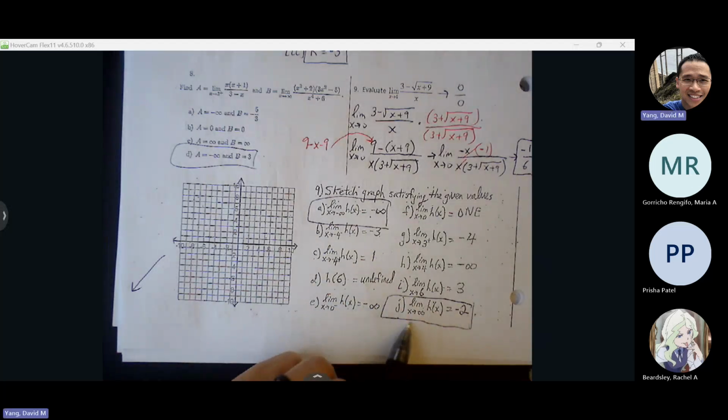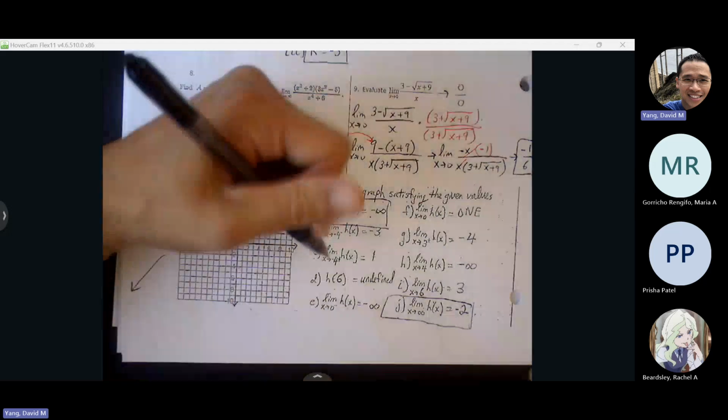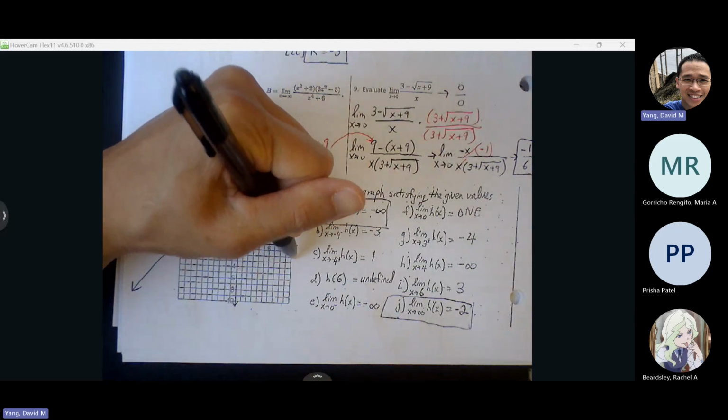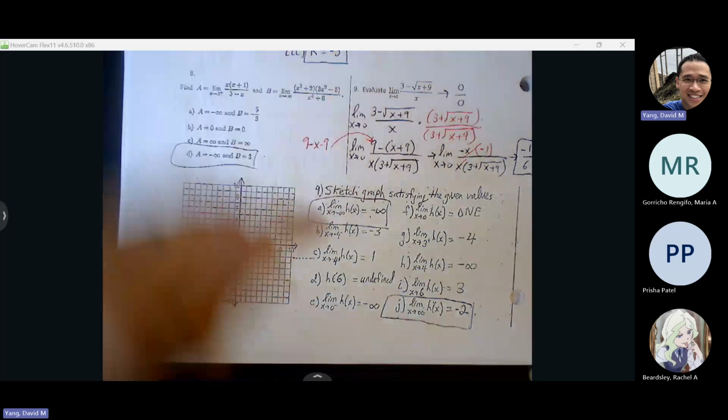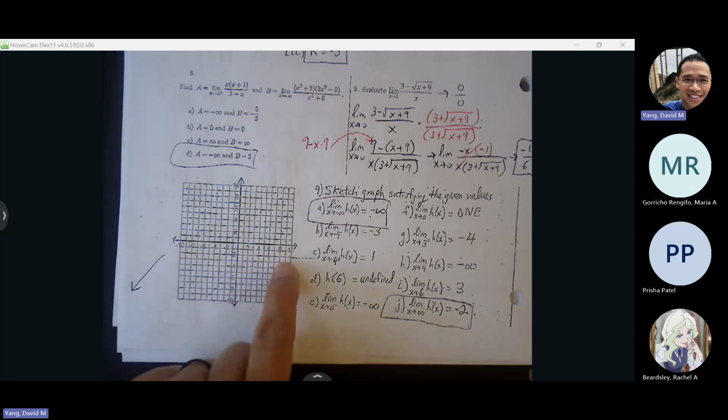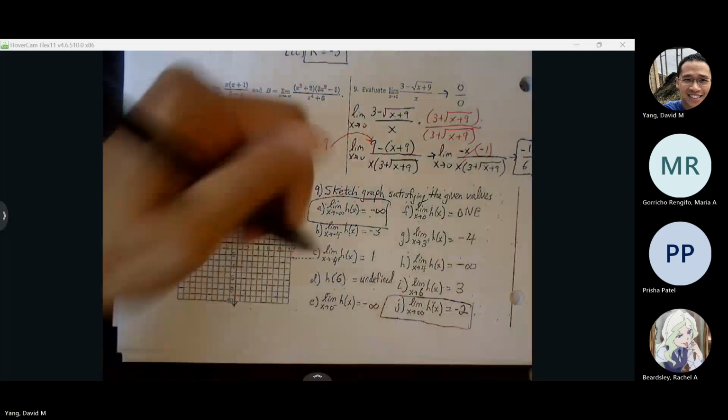And for J, as we approach positivity, it is going to flatten out at -2. So there's a horizontal asymptote at y equals -2. But my suggestion is, if you know there's a horizontal asymptote, just put a dotted line at the edge of the graph so that it doesn't throw you off seeing that dotted line extend all the way across, since it's not going to matter.